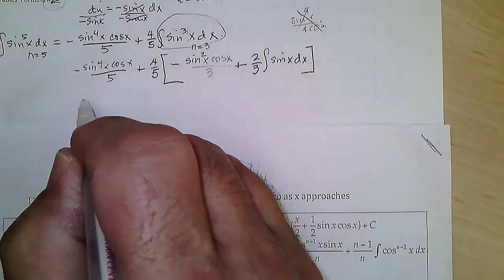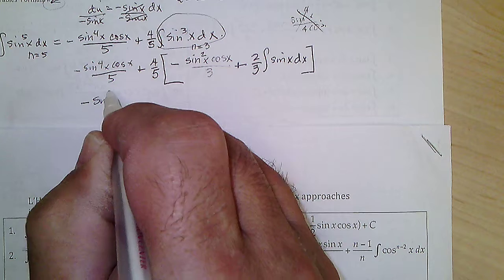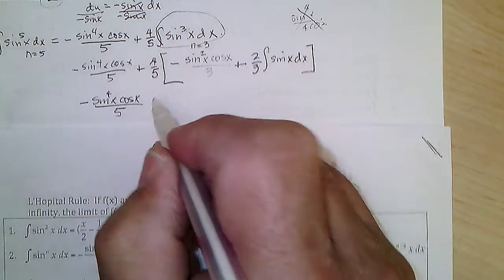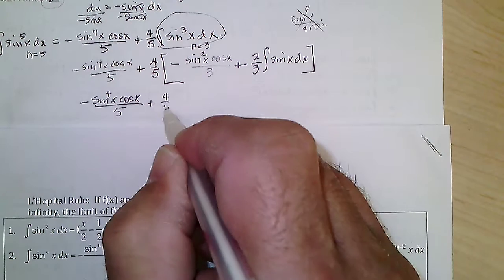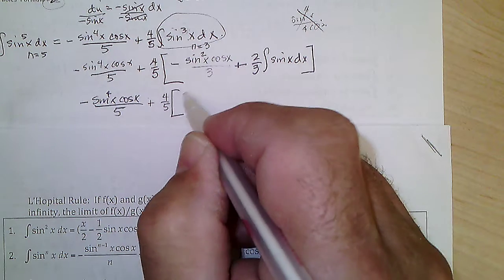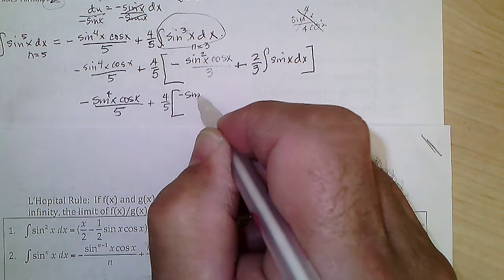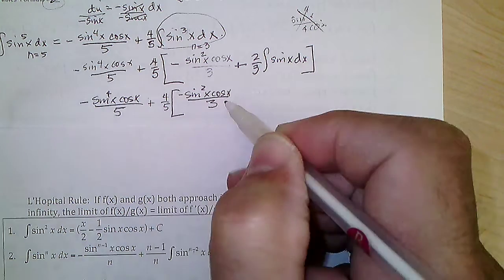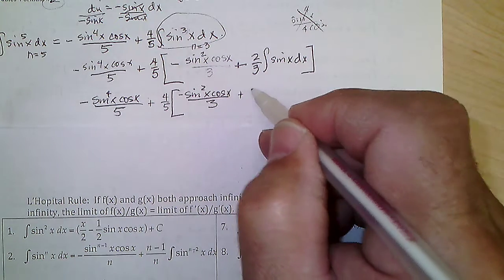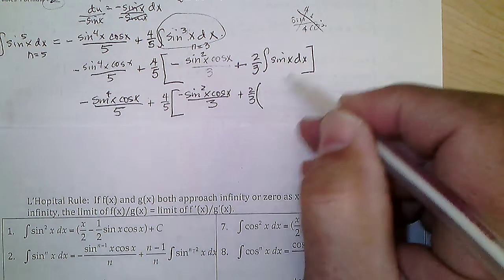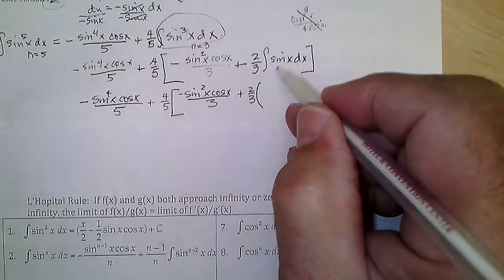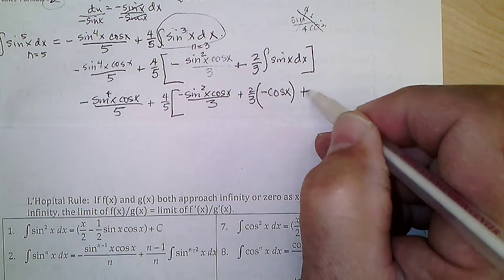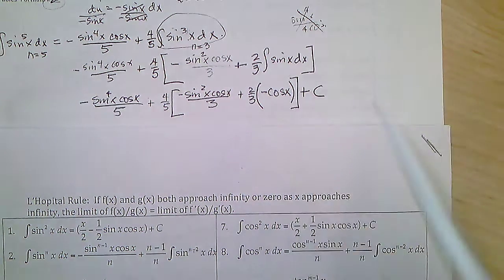And so we have minus sine to the 4th x cosine x over 5 plus 4/5 times a negative sine squared x cosine x over 3 plus 2/3 times, well, the integral of sine is negative cosine, plus c.